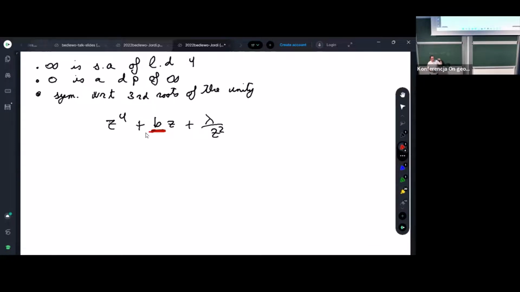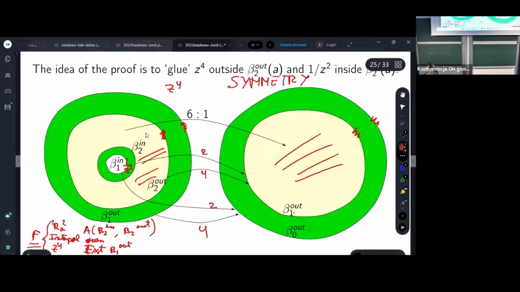But now our model map, since I am mapping this region here with degree 6 to a simple closed disk, means that you need 6 critical points. The original map R has 3 critical points, and 0 is a double preimage of infinity.